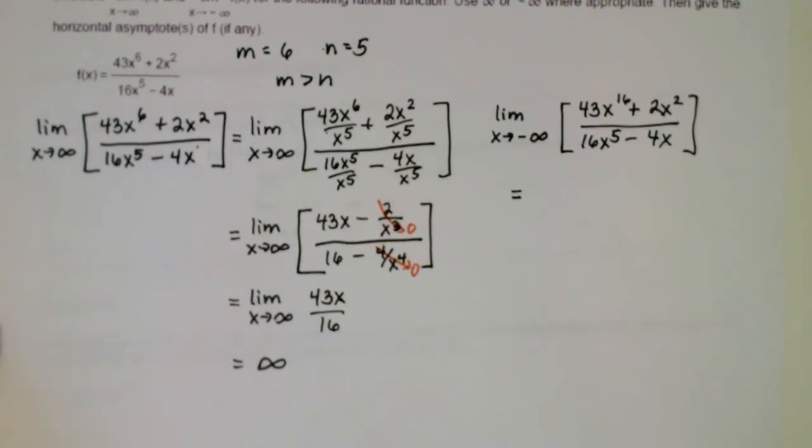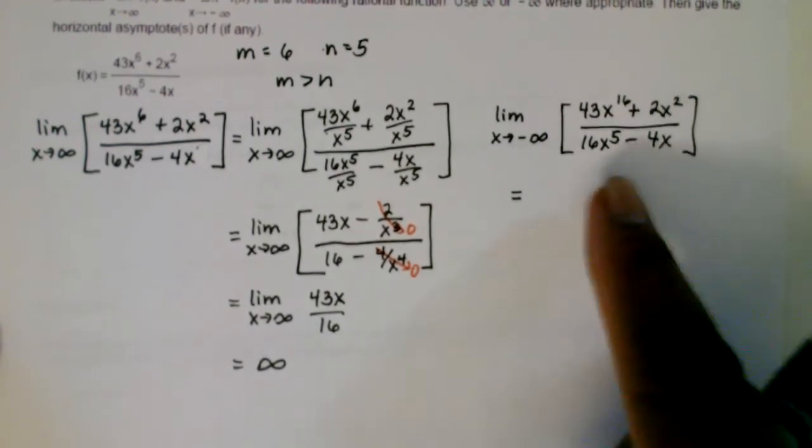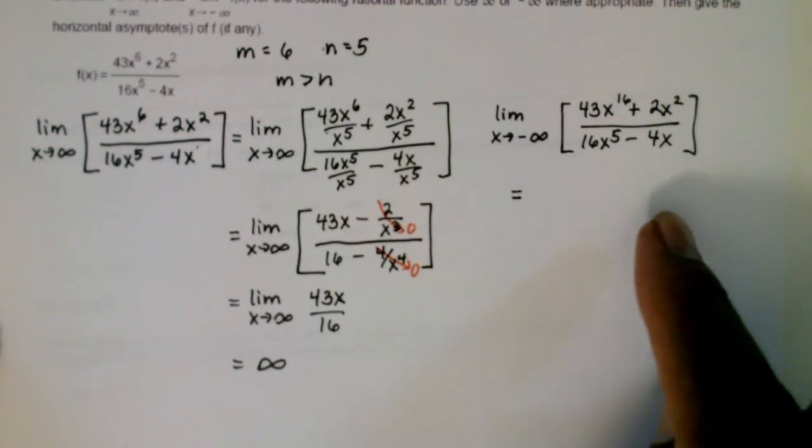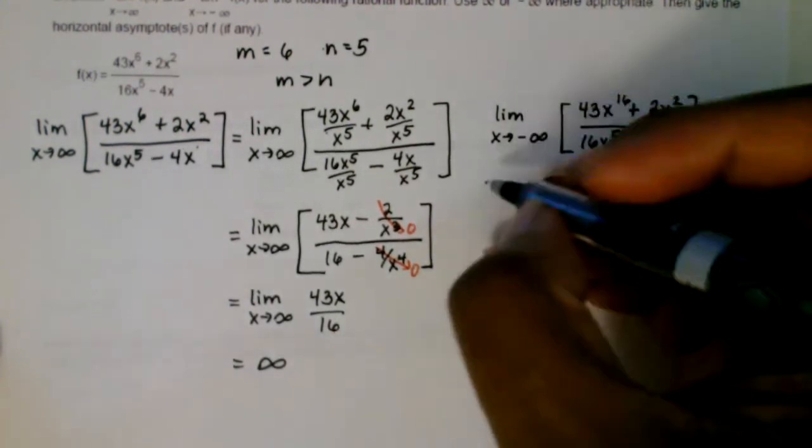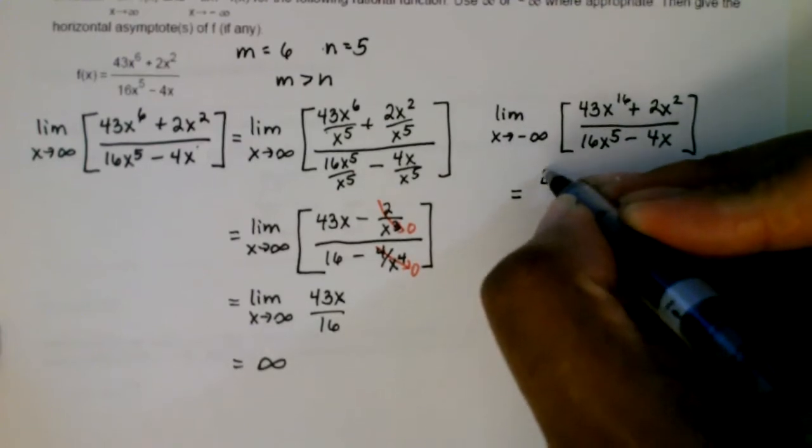Now, if I go through that process of dividing each and every term by x to the 5th, I'm going to get the same thing, 43x over 16.